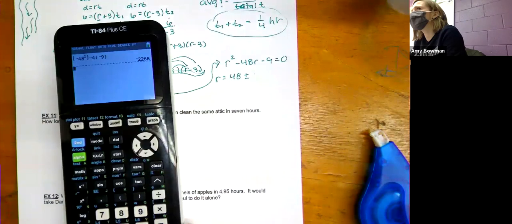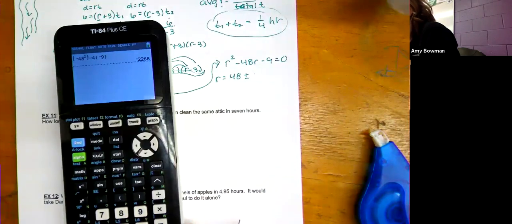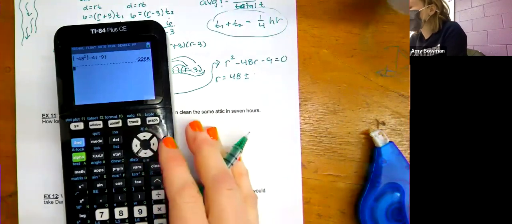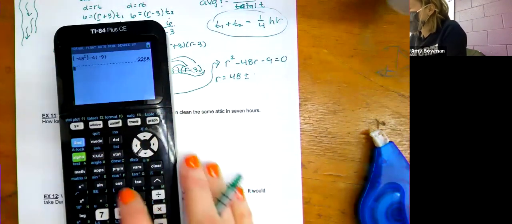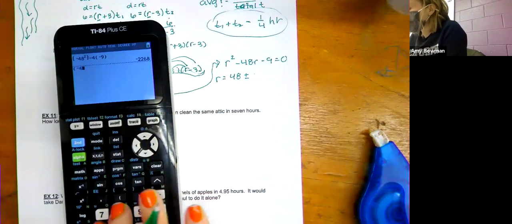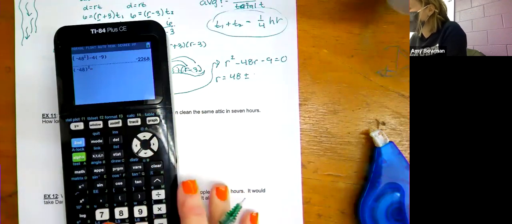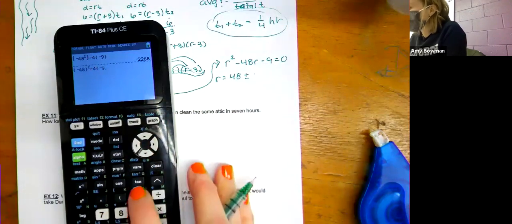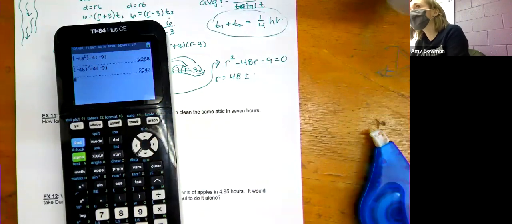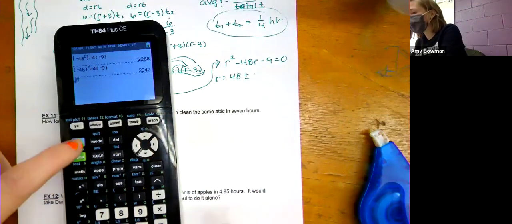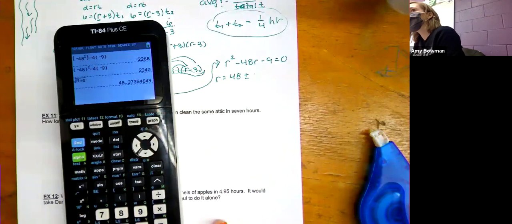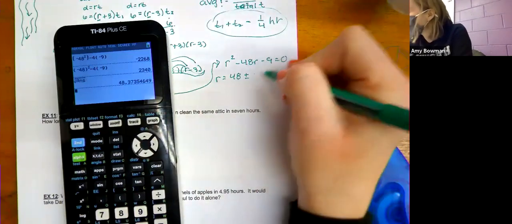That's not right. Why isn't that right? That should be a positive number. I know why. It's negative 48 squared minus 4 times -9. So it's 2340, and then the square root of that is 48 point, we'll just do 48.4.